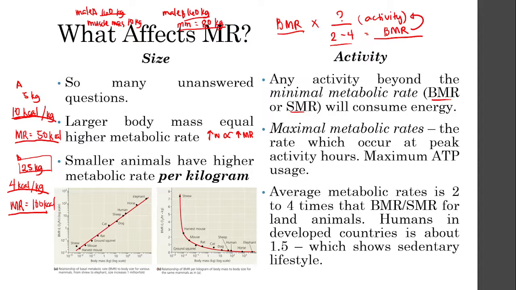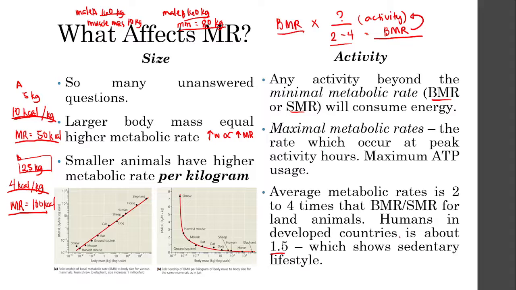But if you look at the average metabolic rate of humans, you would notice that this is not their BMR. This is already them living, working, talking, having fun, and it is only 1.5 times your BMR.